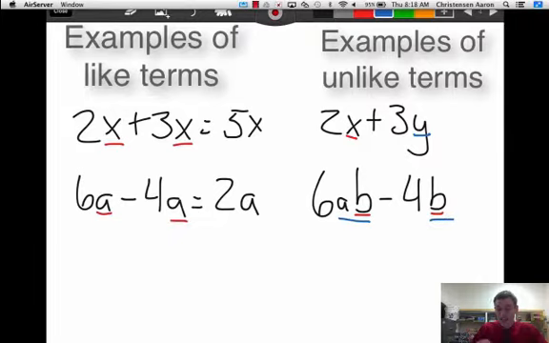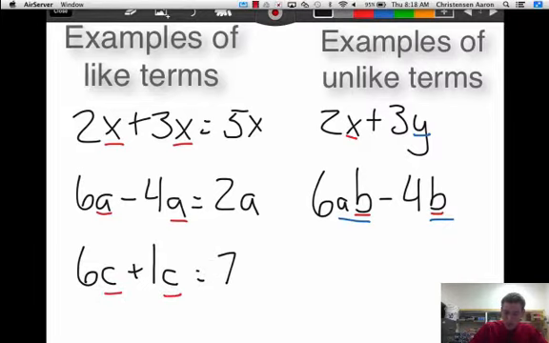So they're not the same, so we can't add those. Lastly, if we have something like 6c plus c, we can think of this as having a 1 out front. And so we have a c and a c. Those are like terms. So we get 7c when we add 6c and 1c.